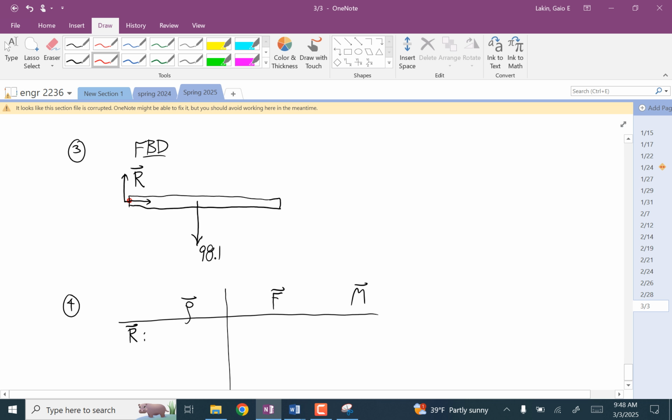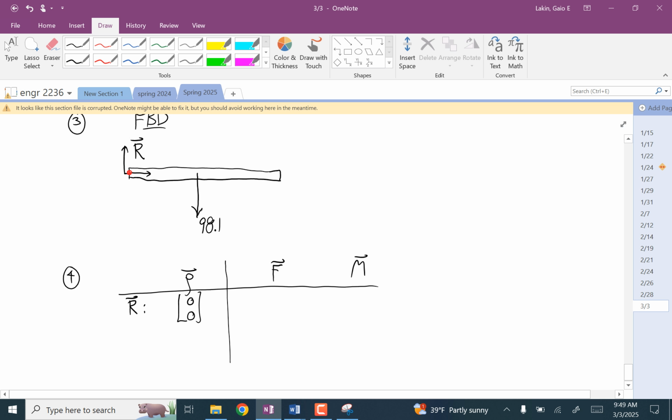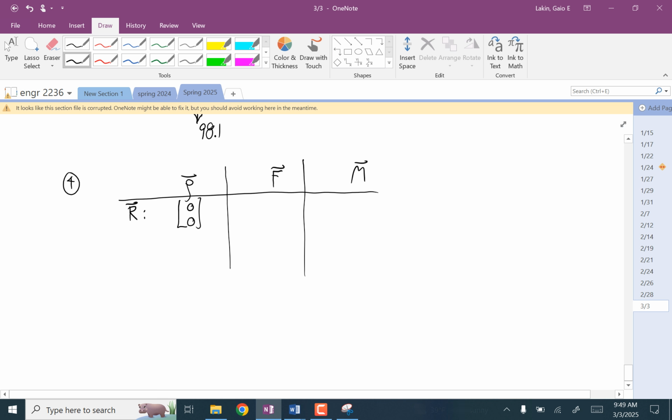So in this case, it's at the pin. So what's the vector going from the about point to where that force R is applied? 0, yep. And that force is Rx, Ry. Cross product is 0.